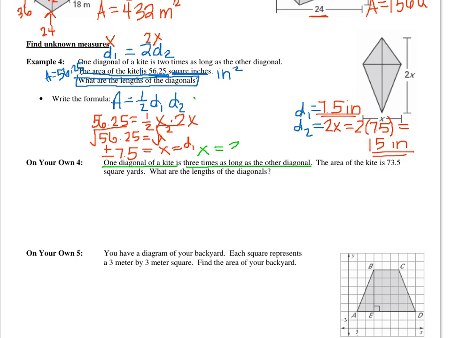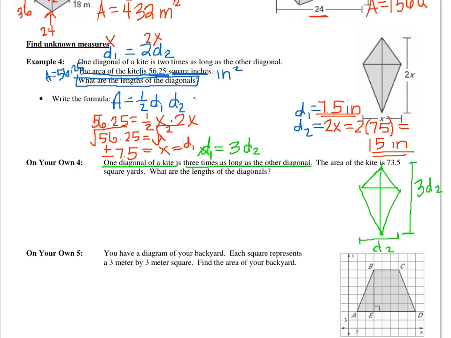So is 3 times, well, let's use D1. One diagonal is 3 times as long as the other one, 3 times the length of D2. So if I draw my picture here, this looks like my longer one. So I've got 3 times D2 here, and then that would make this one just my D2.